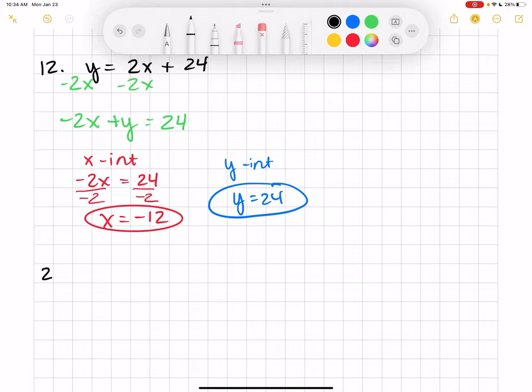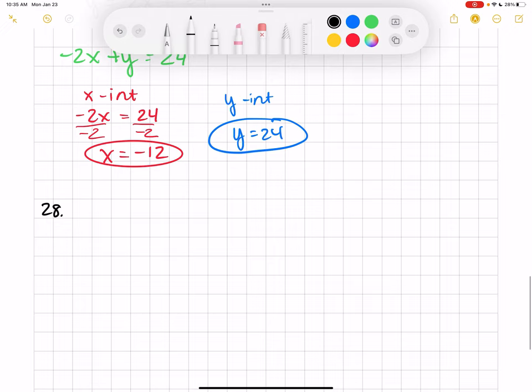But 28, I'm going to draw the graph that's given to you and then tell you what we're going to do. These are increments of 1.